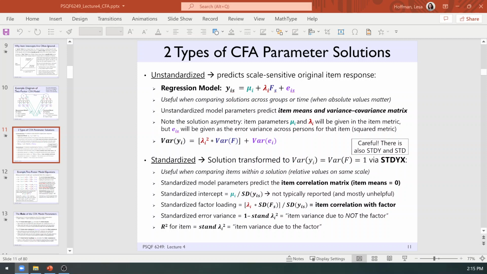So if we have binary or categorical responses, for instance, we're going to throw on a link function that's either a logit or a probit and switch out the E distribution from something that's normal into Bernoulli or multinomial. If we had some kind of item response that's a count or something, then we would switch out the link function to predict the log of the count, and then we would switch out the residual distribution to like Poisson or negative binomial or something like that.